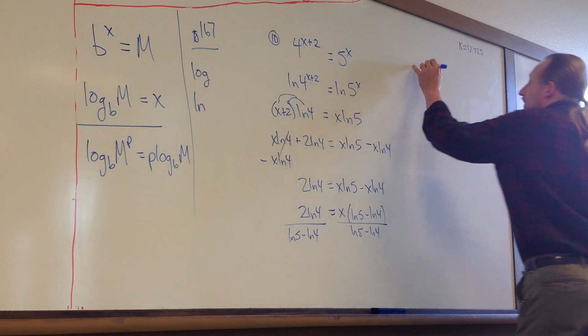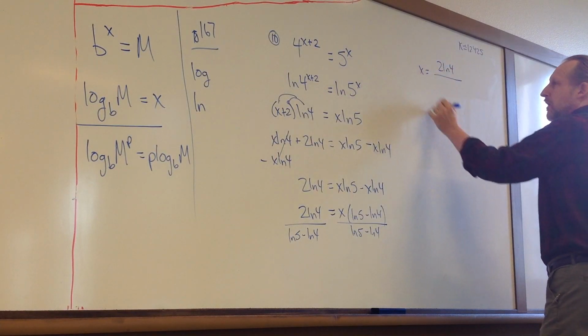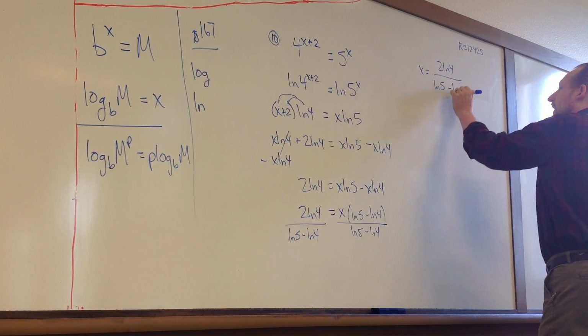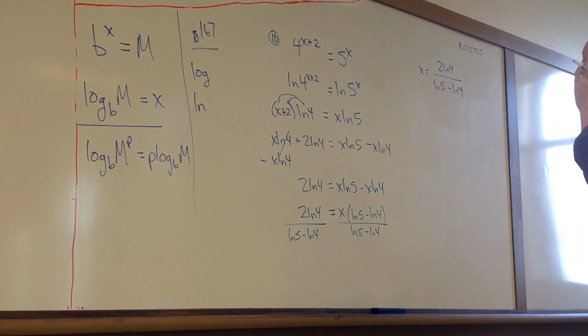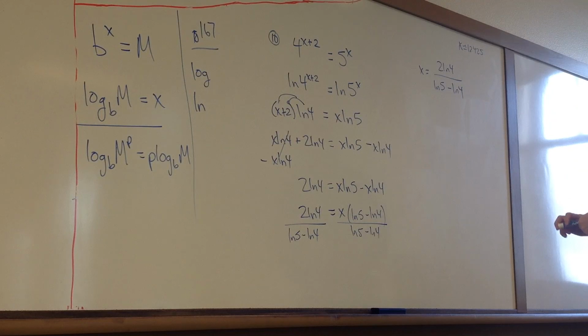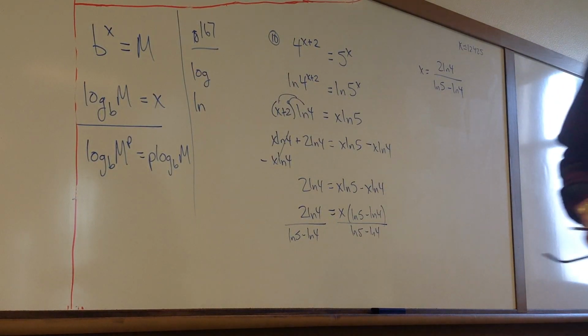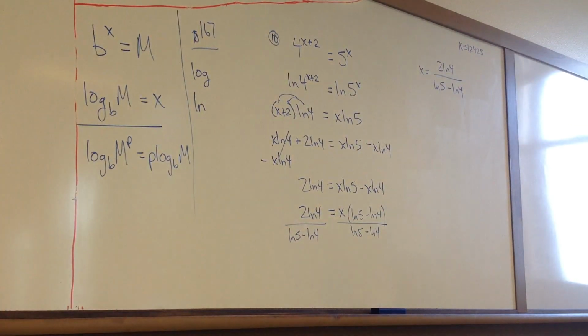And so our exact answer is going to be 2 ln 4 divided by ln 5 minus ln 4. Now, approximating this also has its issues. So let's take a look at this on the calculator and see what it looks like.